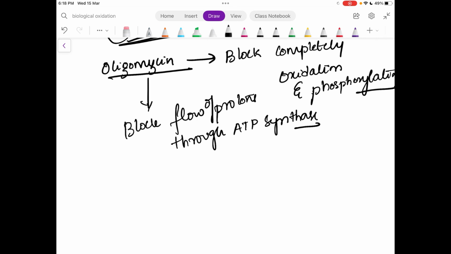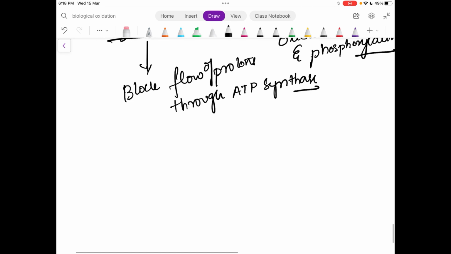If that is blocked, more protons are accumulated on the cytoplasmic side, and if more protons are accumulated there, the electron transport chain can't work properly, so it will completely block oxidation and phosphorylation.